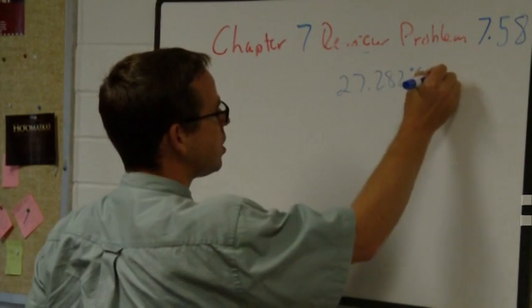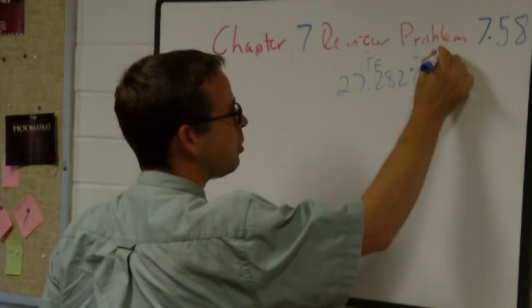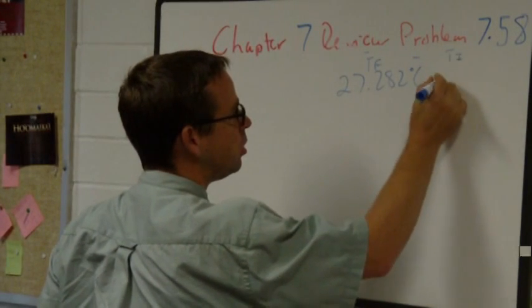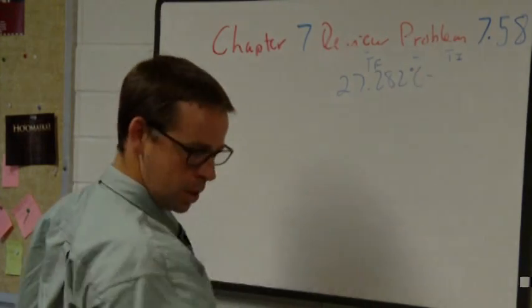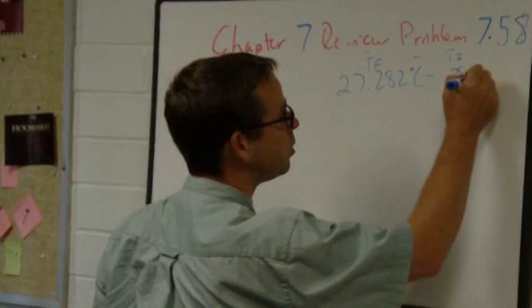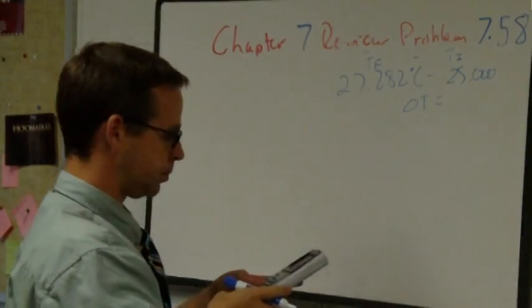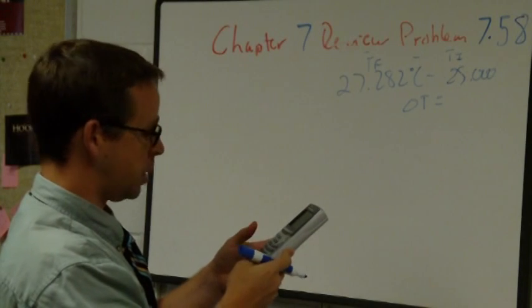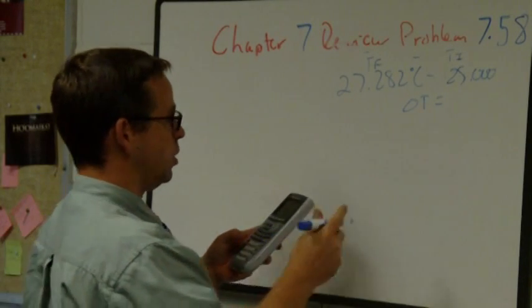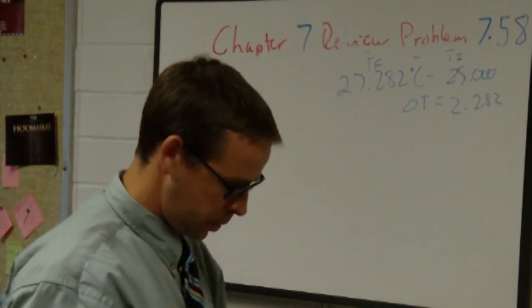That's our temperature final, and our temperature initial is 25. So the change in temperature equals 27.282 minus 25, 2.282.